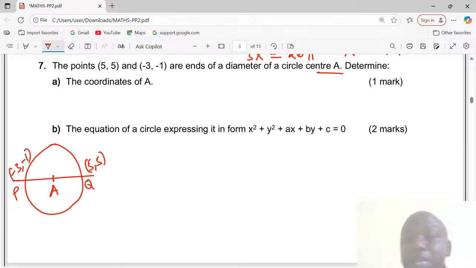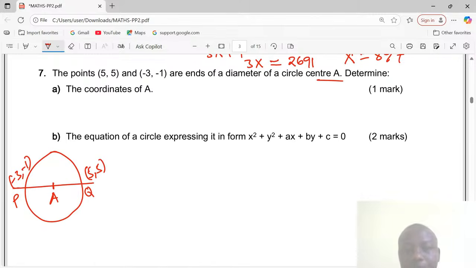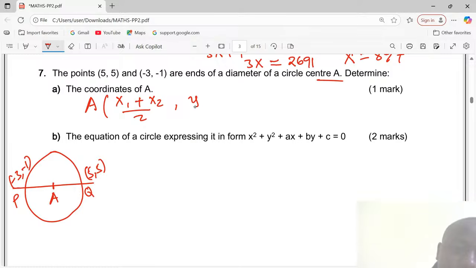This question is in paper 2, form 4 work, graphical methods, the last topic. But something we're supposed to understand is that we are going to apply knowledge from paper 1, vector 1, whereby we learn the concept of midpoint. So A is the midpoint of the two ends of the diameter. And if so, the coordinates of A, which is our midpoint in this case, shall be x1 plus x2 over 2, then y1 plus y2 over 2.